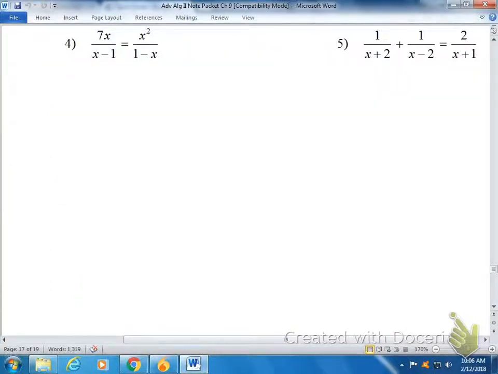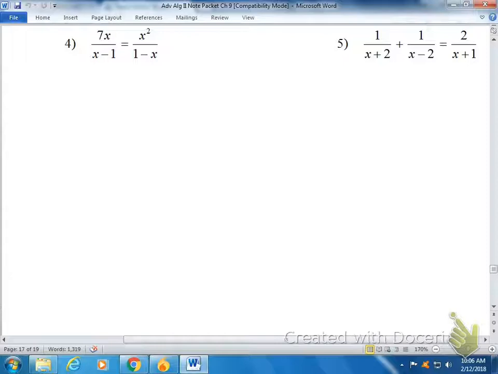So the last two have some tricks to them. First off, number 4, the common denominator. They look similar. This is like that warm-up last week. I can't remember what day it was. But last week, someday, we looked at what happens when they look like opposites, really close.